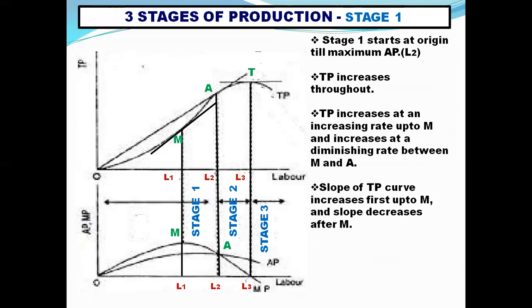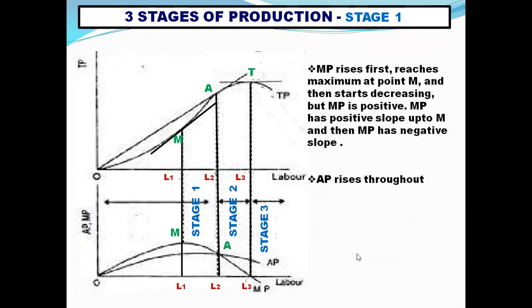TP is increasing throughout, but TP is increasing at an increasing rate up to M, and then after it increases at a diminishing rate. AP is increasing as MP is increasing up to point M, and then after it decreases. So here I have written this for your convenience. You can refer to this.